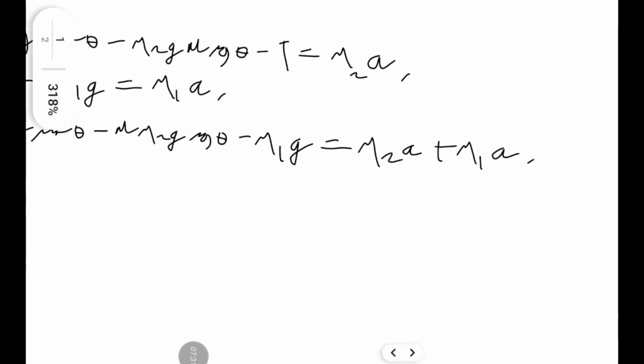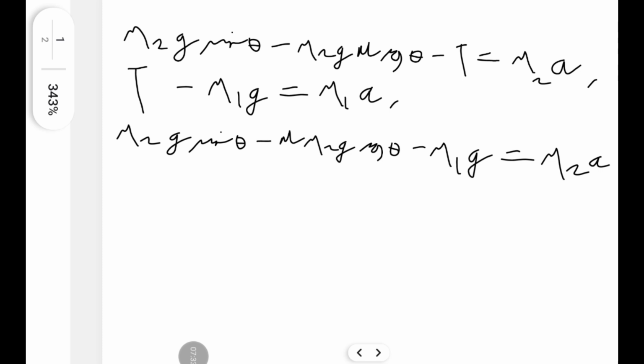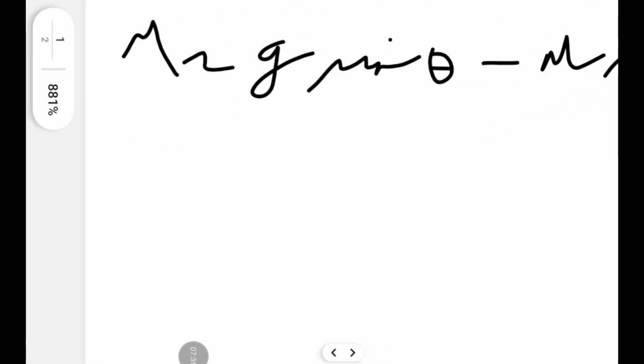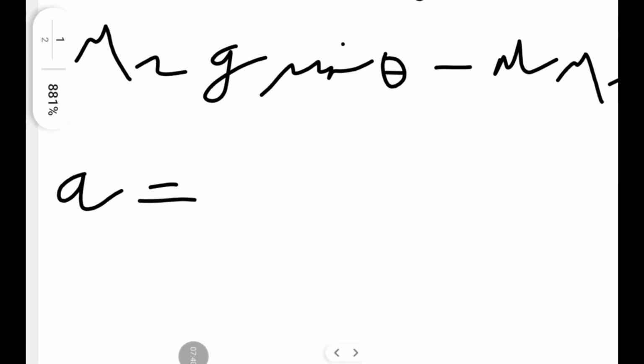Now we can very easily take a factor of a out, and then divide by m1 plus m2. So you get it into the final form.